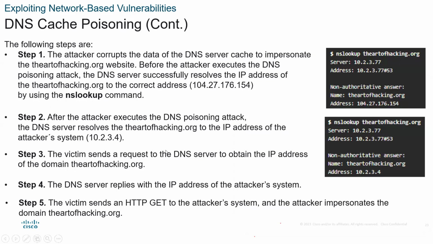Okay. Now, the attacker corrupts the data of the DNS server cache to impersonate the artofhacking.org website. Before the attacker executes the DNS poisoning attack, the DNS server successfully resolves the IP address of artofhacking.org to the correct address of 104.27.176.154, by using the nslookup command.